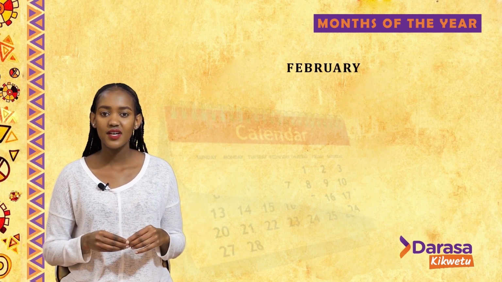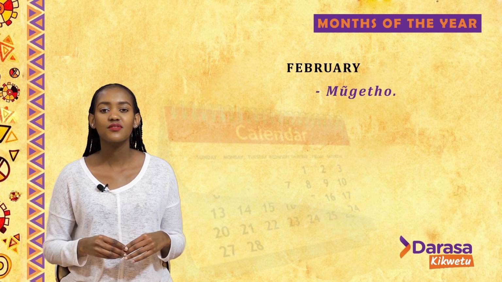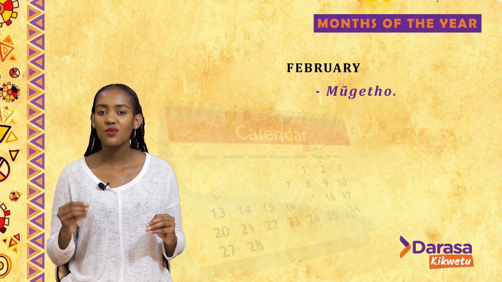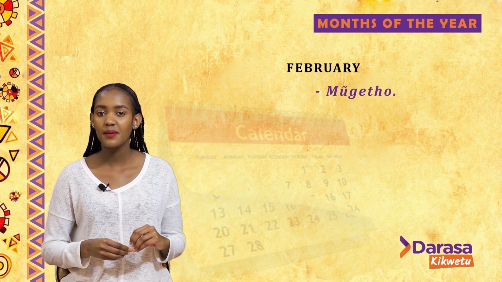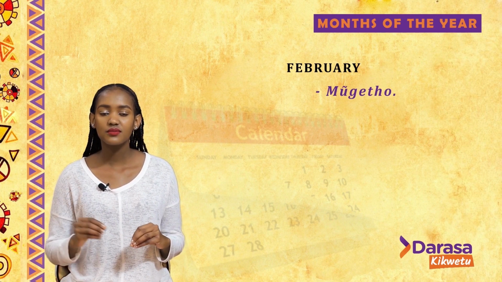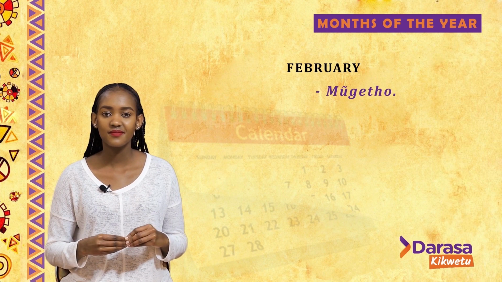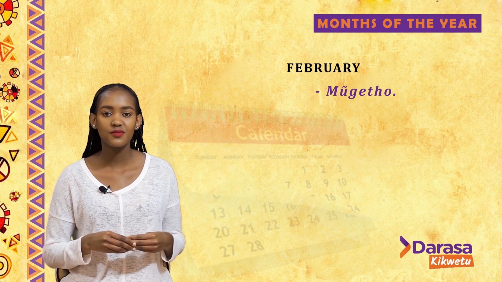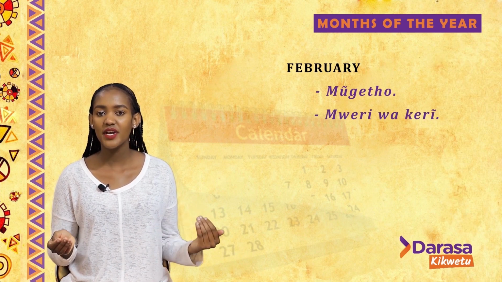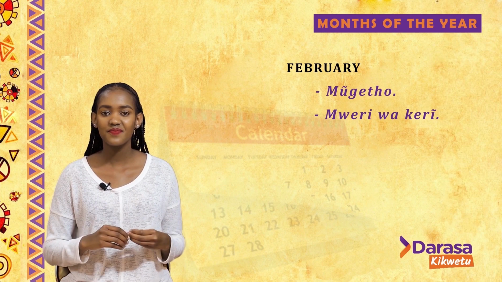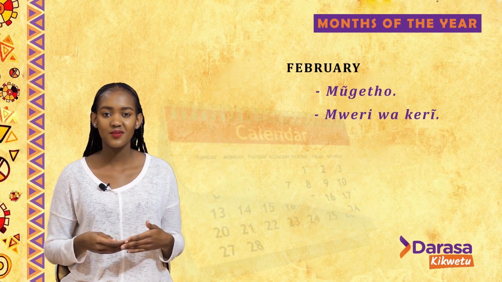February is known as Mugedo. Let's say that together. Mugedo. But again, we can call it Mweri wa Keri. Okay?